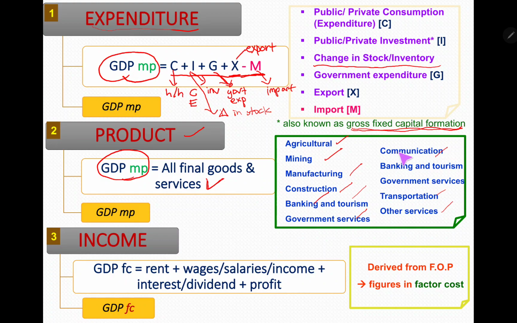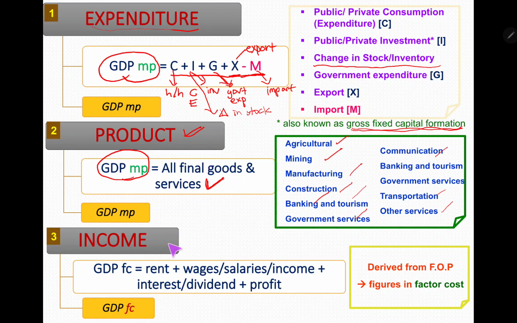So whatever item represents an economic sector, besides the ones listed here, such as wholesale, restaurant, or whatever, as long as the item represents an economic sector, then you count everything, and that will represent the gross domestic product at market price based on the product approach.